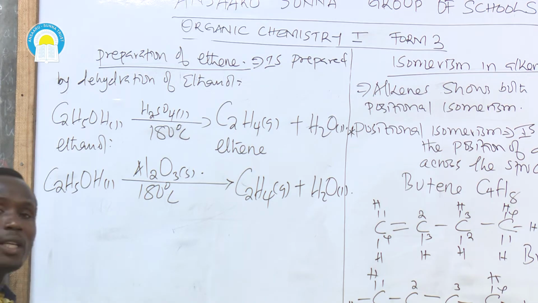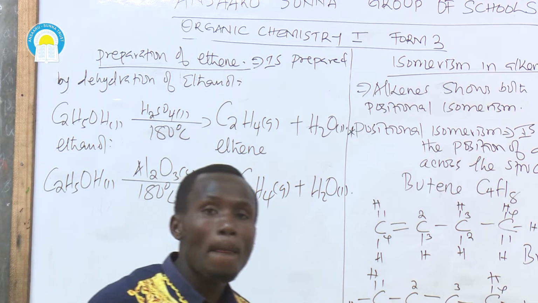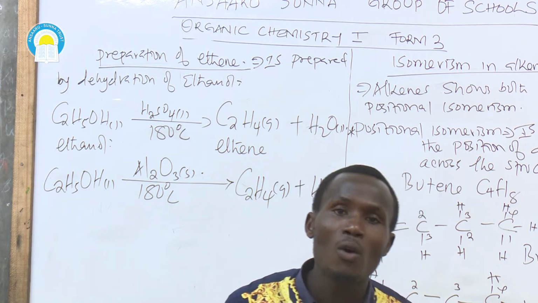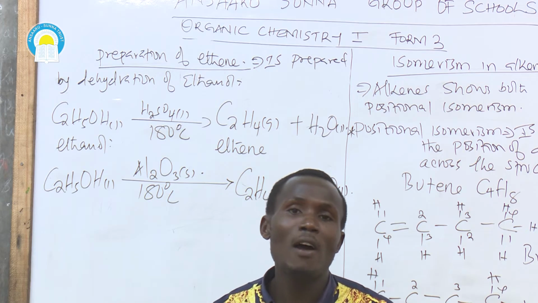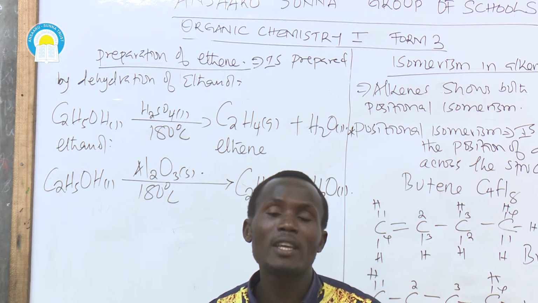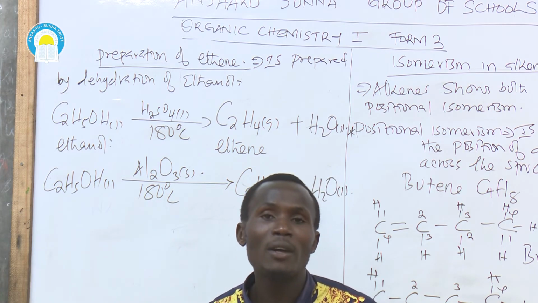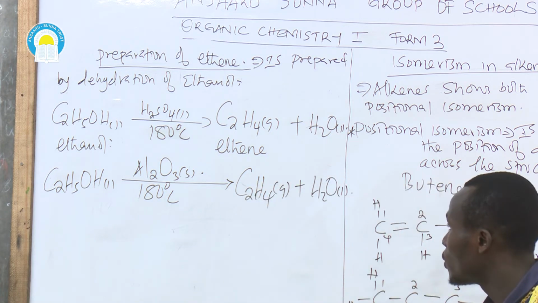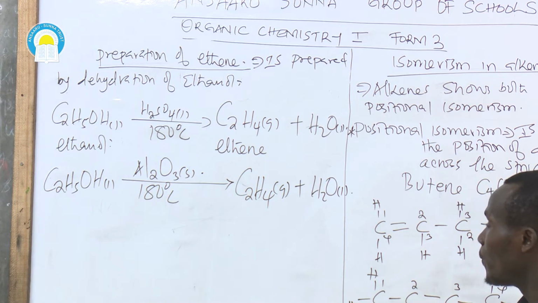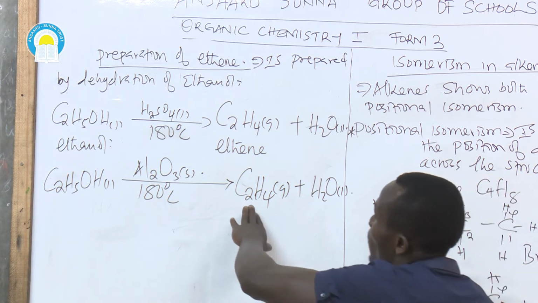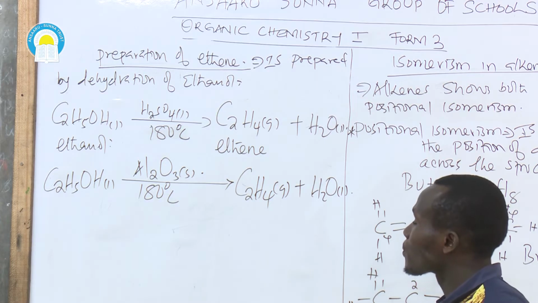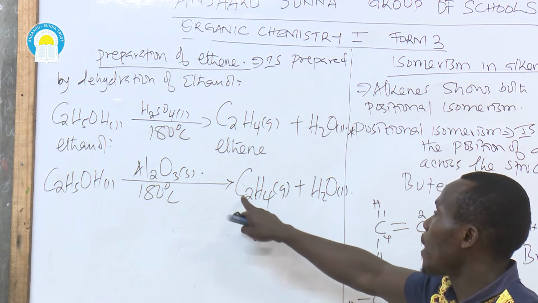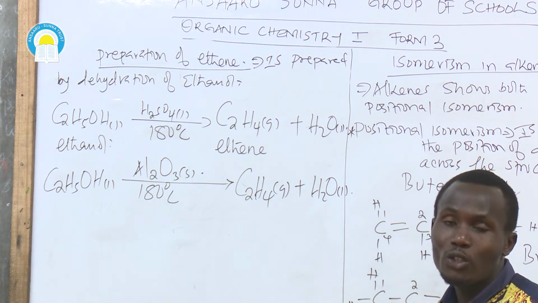Ethene is an organic substance that is a hydrocarbon which is non-polar. Therefore, it is insoluble in water, and that makes us collect it by the over water method. If you look at the molecular mass of ethene, that is 12 times 2 plus 4, giving us 28.